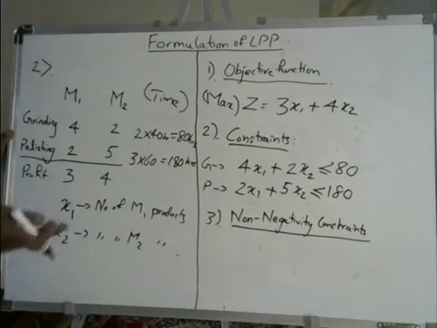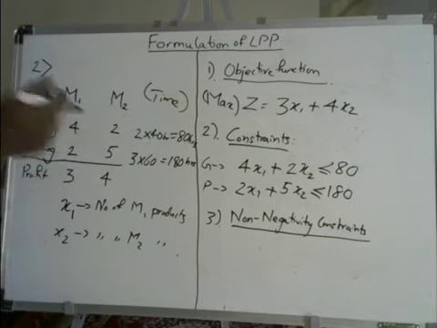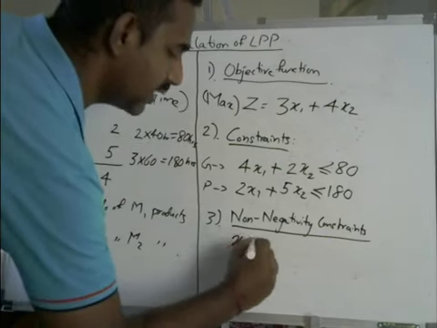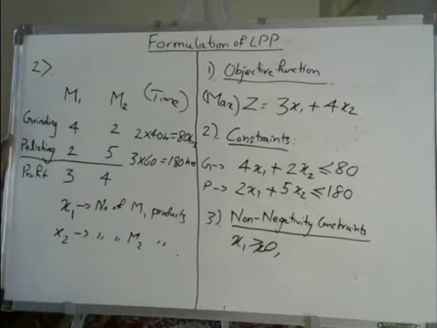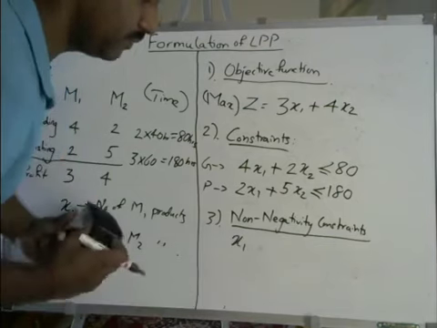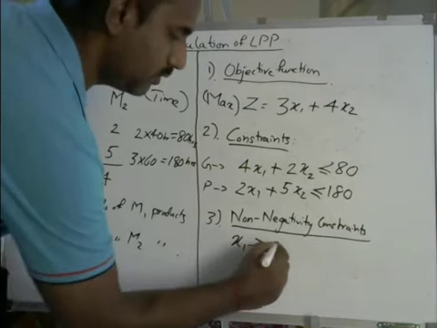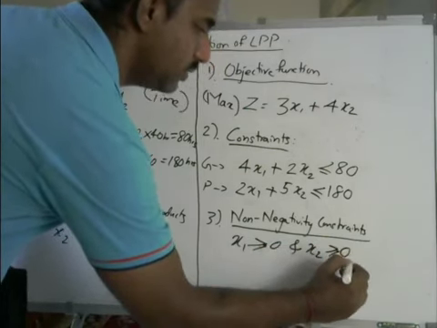The minimum will be 0 and it might go to any level. Therefore x1 is greater than or equal to 0 and x2 is greater than or equal to 0.